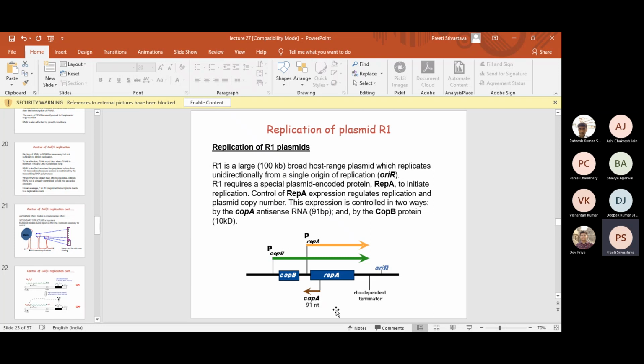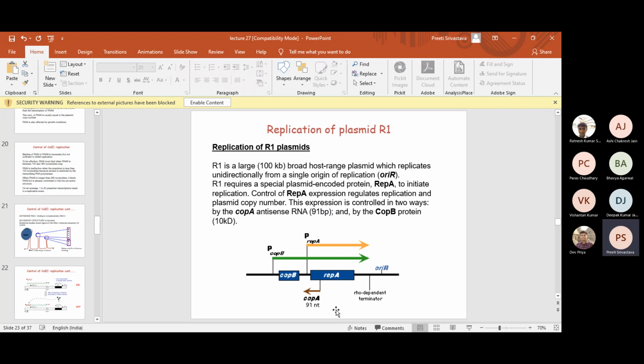Now the way the regulation takes place in case of plasmid R1 is that... Ma'am, is there some reason for its shorter length, like for antisense strand RNA? Right, because if the antisense RNA were longer, then in the case of ColE1, if the antisense RNA had been the same size as RNA II, you would not have any initiation possible.